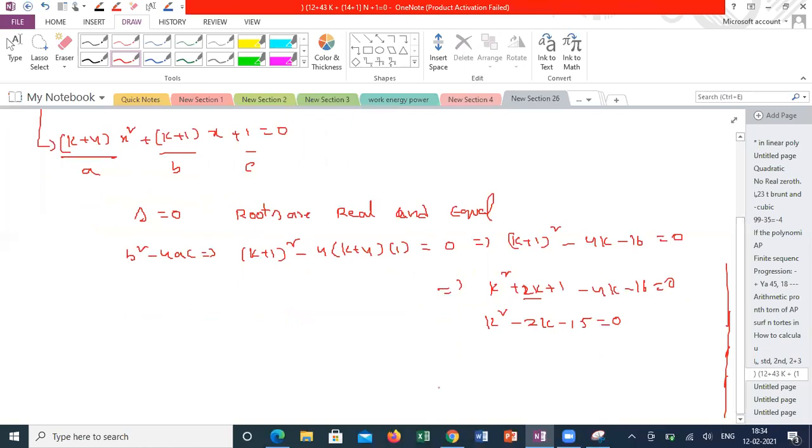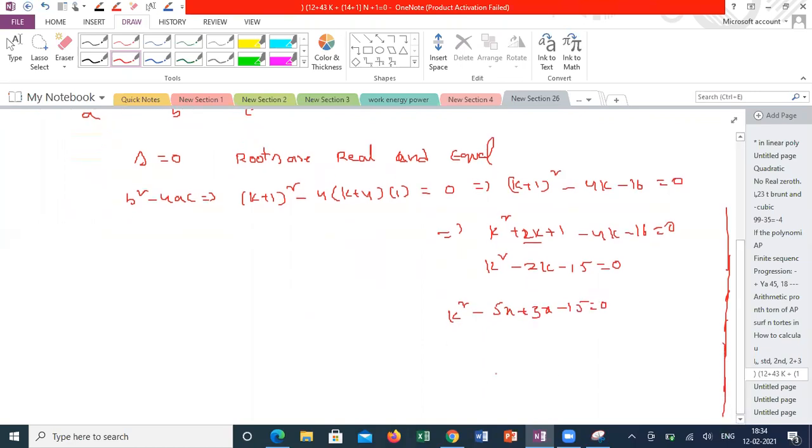So what factorization can I get? k squared minus 5k plus 3k minus 15, so this will be k minus 5 into k plus 3. So my k value is 5 or minus 3. Will both the values satisfy?